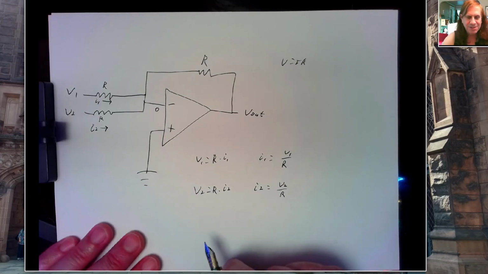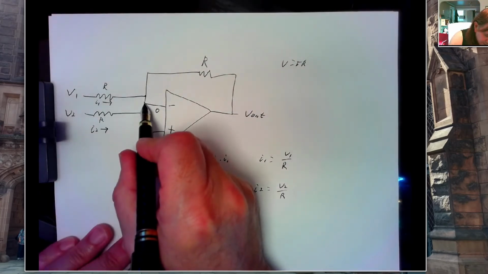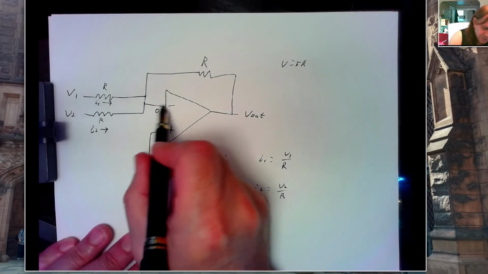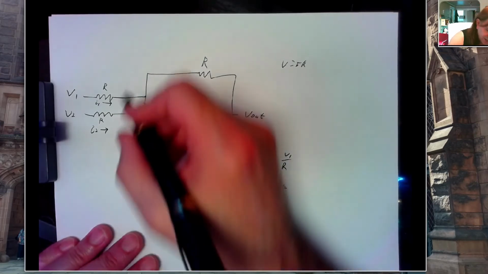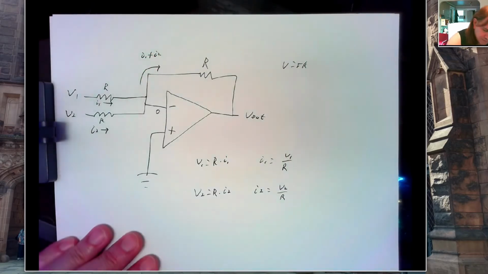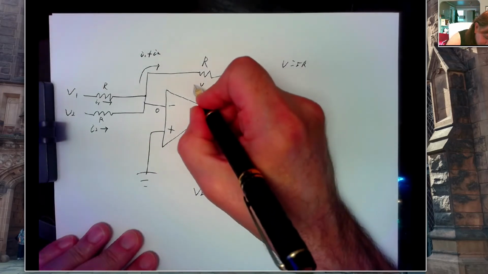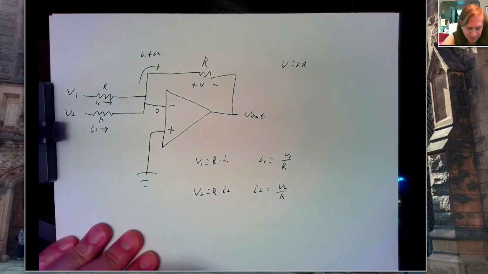And now we have to sum currents. We have a current I1 going into here, I2 going into here. No current flows down this branch. So these currents add together, and what we have coming out here is I1 plus I2. And so here's a voltage at this point.